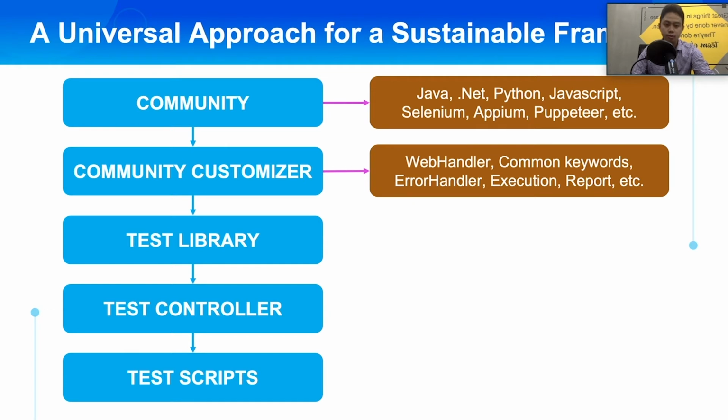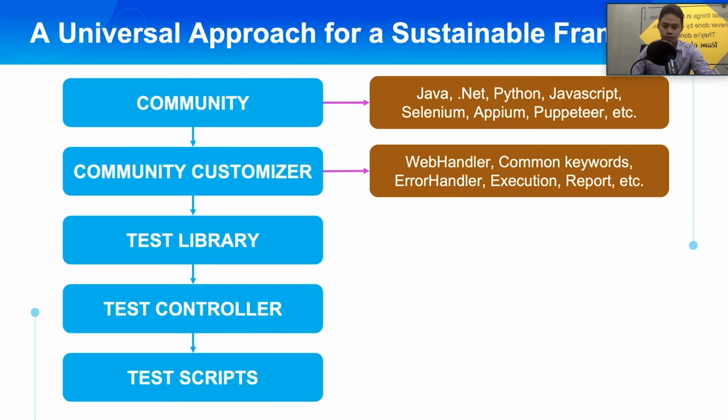You have common keywords to deal with all the interaction with the browser. You have an error handler to make sure that you can manage exceptions or errors. You have an execution and report engine to control the execution mechanism and retrieve the execution result.